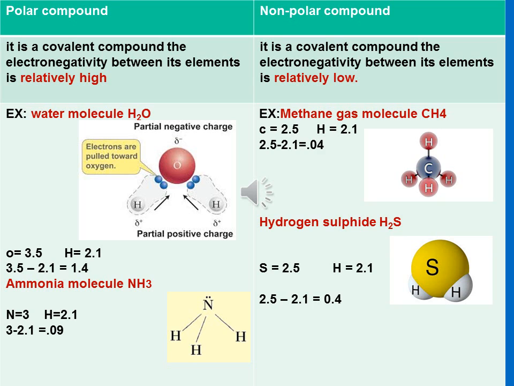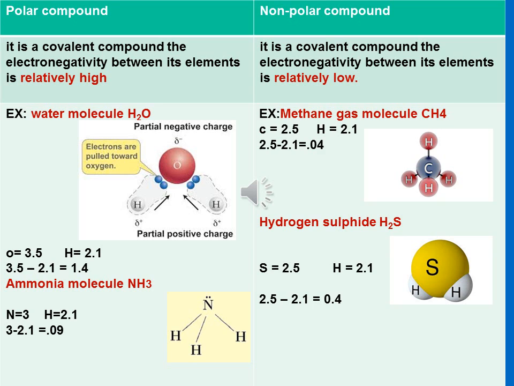And it's considered relatively low if we compare it to what? To 1.7. Because polar and nonpolar, both of them must be less than 1.7 because they are covalent bonds. So here methane gas is 0.4, much less than 1.7, so it's considered relatively low. That's why it's a nonpolar compound.